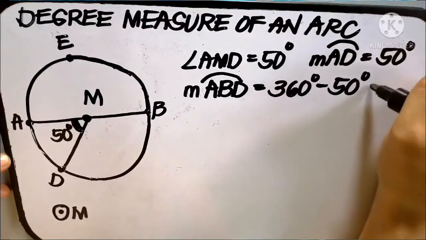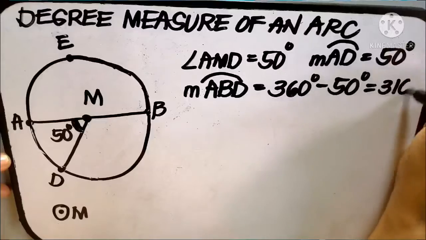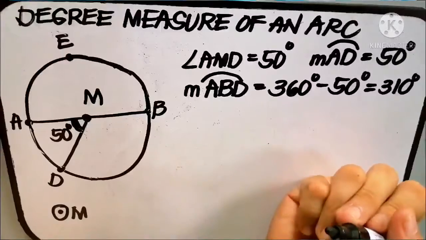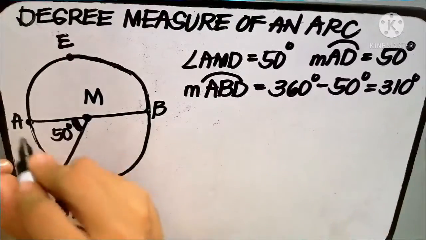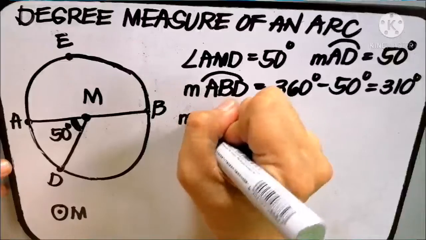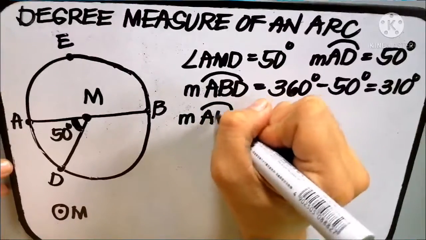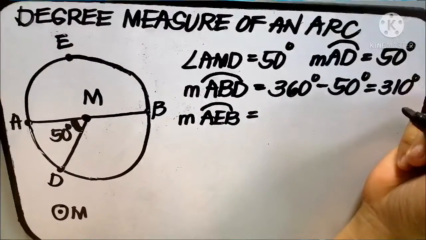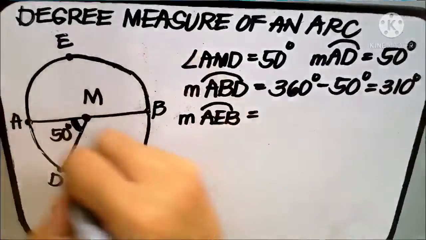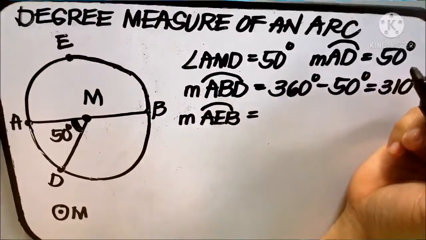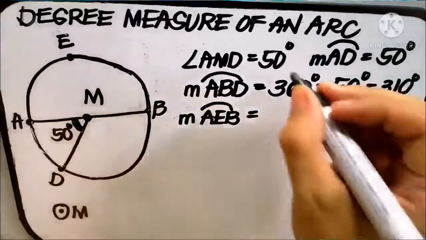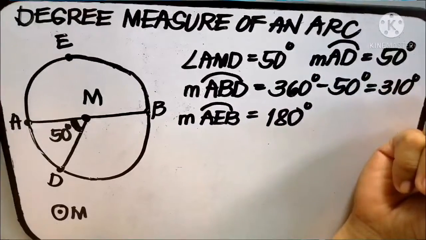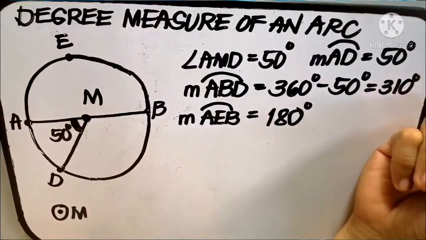Therefore, the measure of major arc ABD is 310 degrees. Now, to find the measure of the semicircle AEB, of course, a semicircle is half of the circle, and one revolution is equal to 360 degrees, so the measure of the semicircle is 180 degrees.